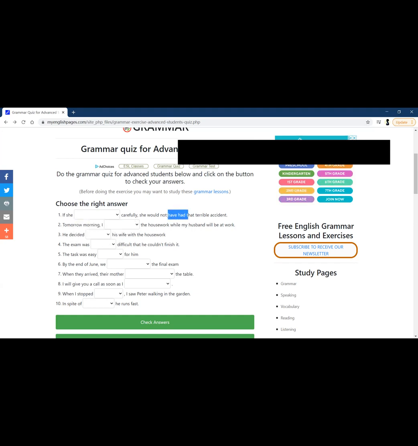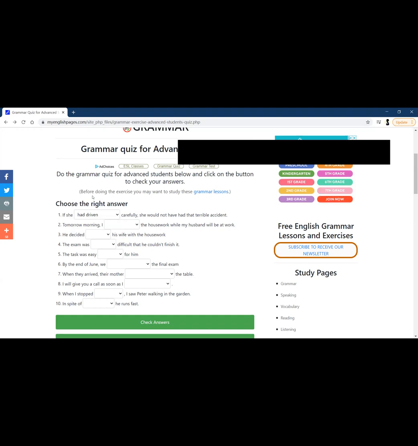it is a have had, which is a present perfect tense. And you see that the terrible accident, it is pretty much a consequence of something, and it's a consequence of her driving. So it probably happens after she did something. So in this situation, we choose had driven, because had driven is past perfect tense.